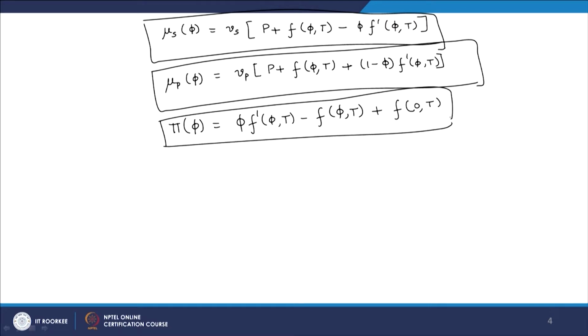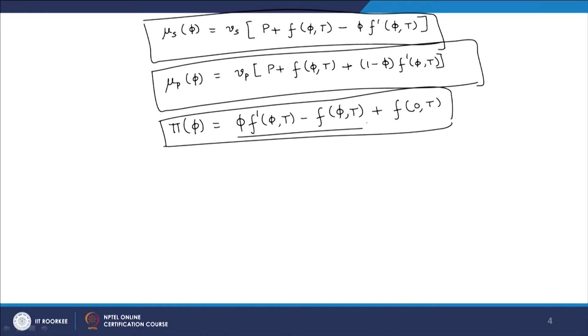And now you can see the chemical potential can also be written in terms of osmotic pressure, because you can see this particular term that we see here is common in the previous expressions that we have derived, just a minus of that.